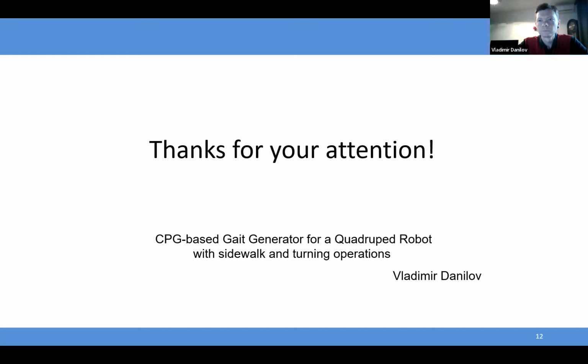And do you think that is difficult to adapt for those kinds of situations? I don't think that it's very difficult, and I think it's not very difficult even to apply this algorithm to, for example, a hexapod robot. My classmate is going to adapt it in the future, and it looks like it's not very difficult.